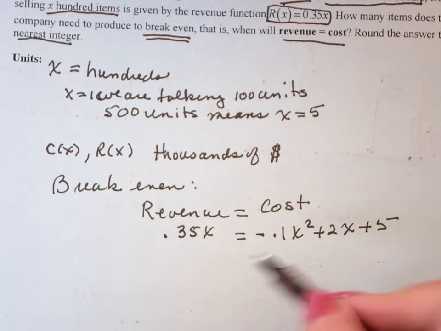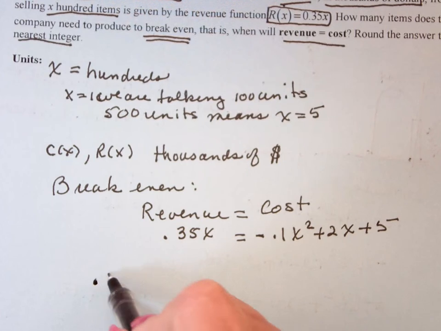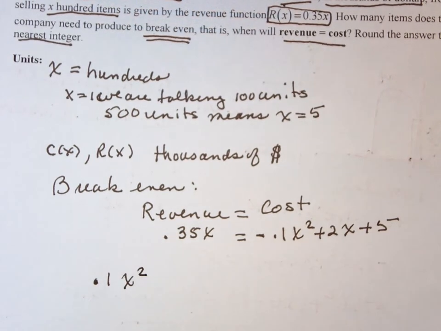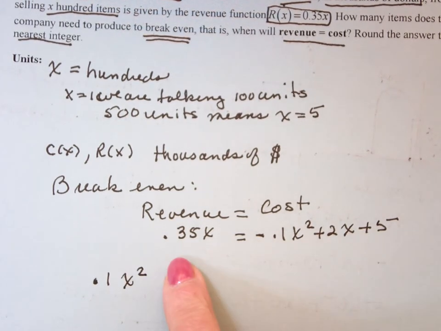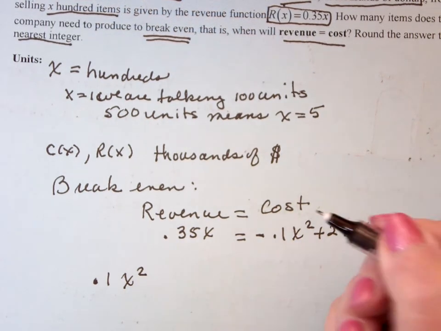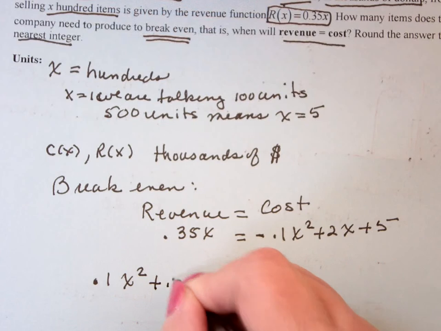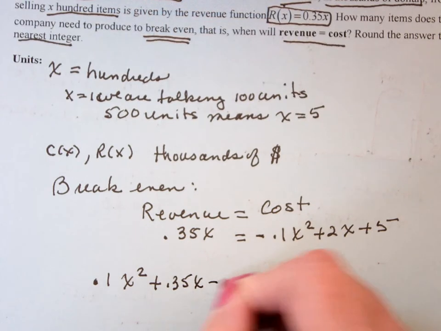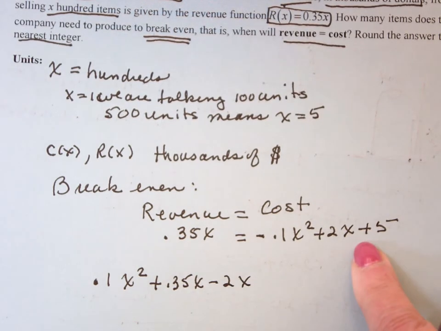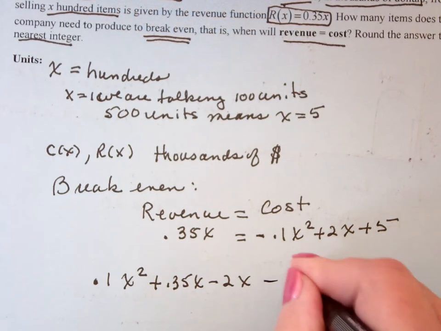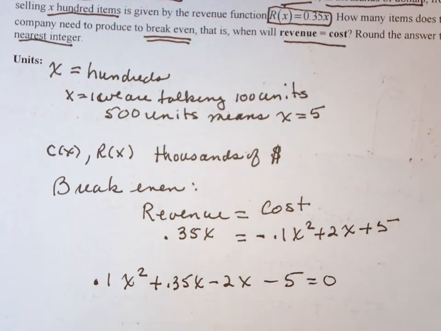So just bring everything to the same side. So I'll have 0.1x squared, and now subtract 2 from both sides. So that's going to be 0.35x minus 2x minus 5 equals 0, and it's because I'm dealing with decimals.